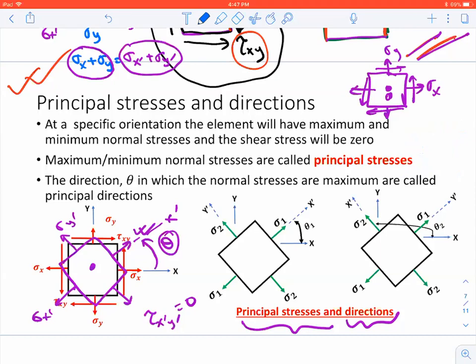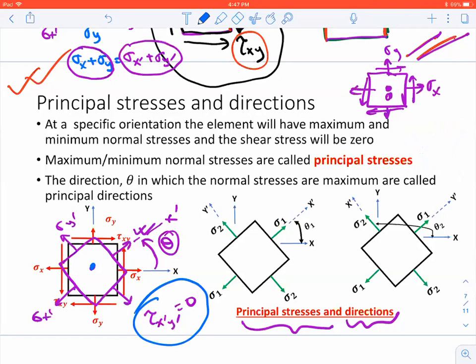Okay, so we are always looking at the stress at this point, but at different angles. With the angle, your stress is changing. At two specific angles, you will see that your shear stress is 0.